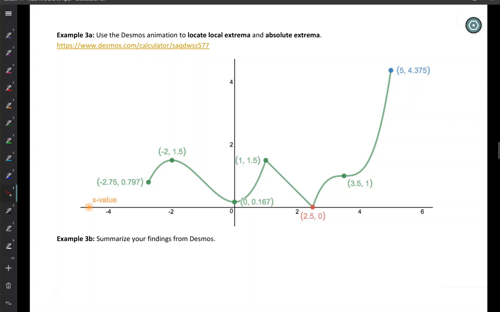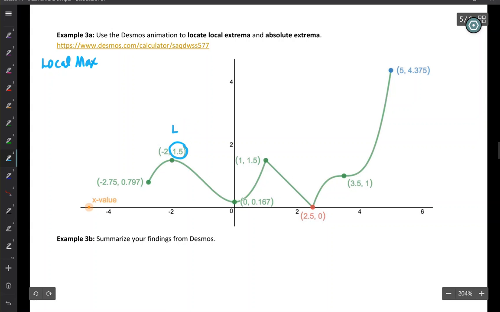Okay, so right here, I see a little hill. This y value, f of minus 2, is 1.5. That y value is a local max.